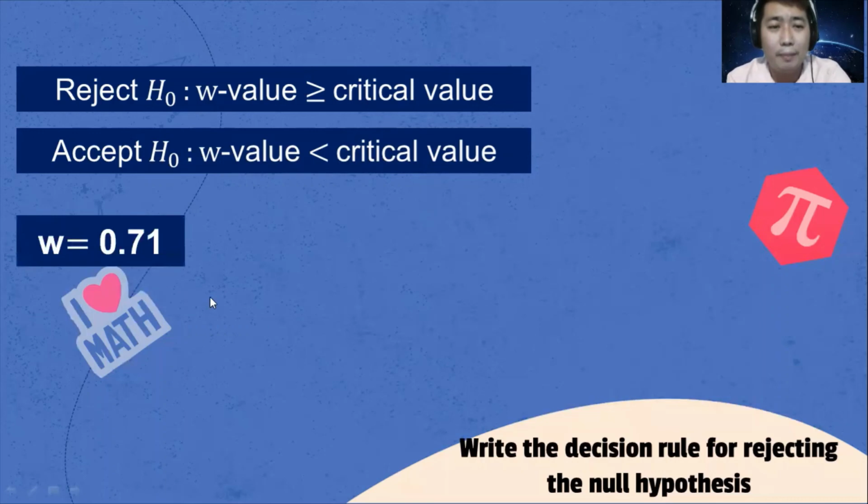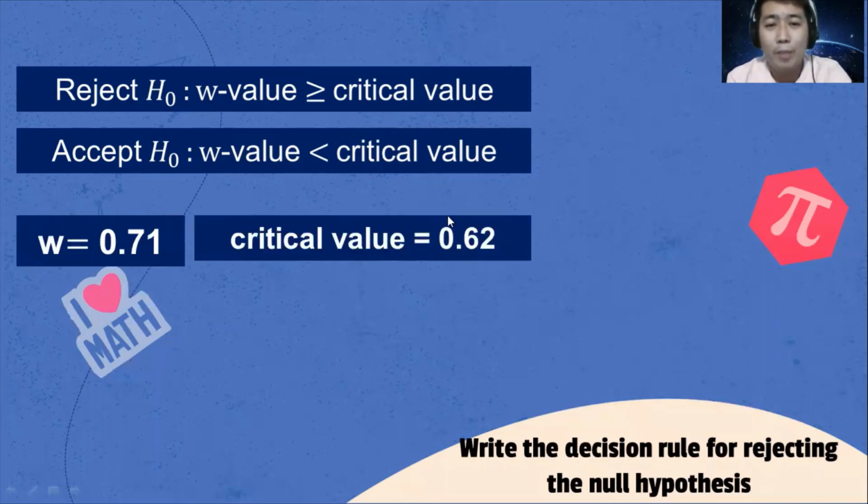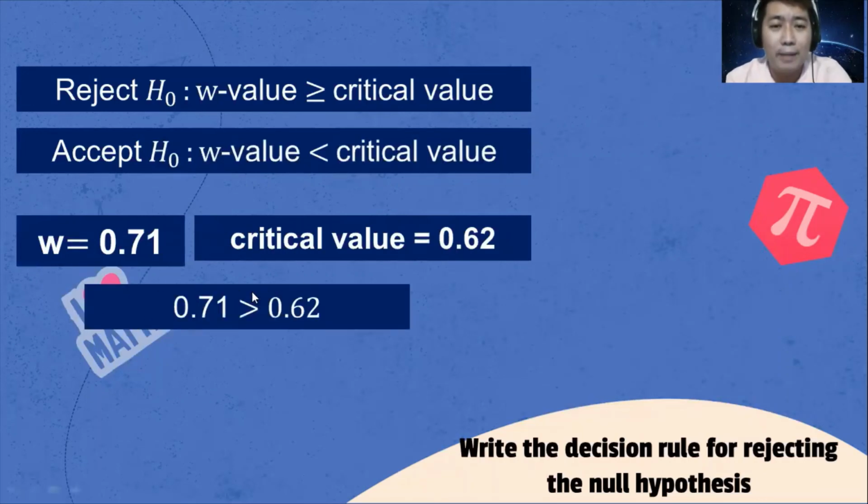Let's compare. Kendall's W is 0.71, while the critical value is 0.62. That is based on the table, and you can find the table on the internet. 0.71 is greater than 0.62.